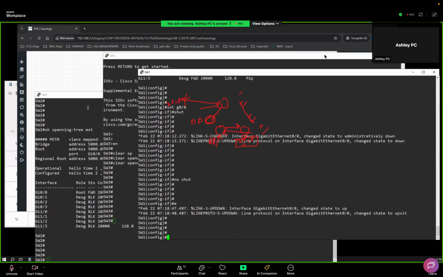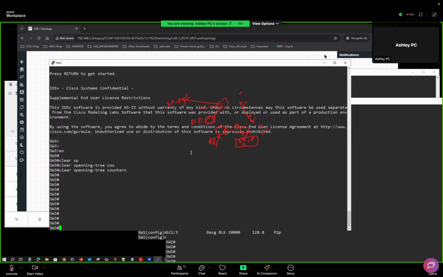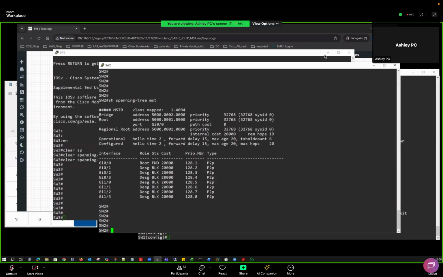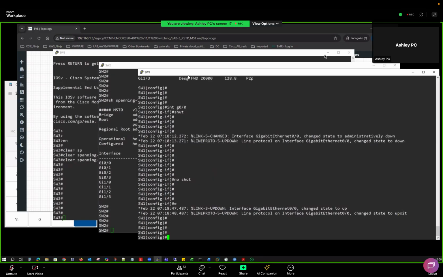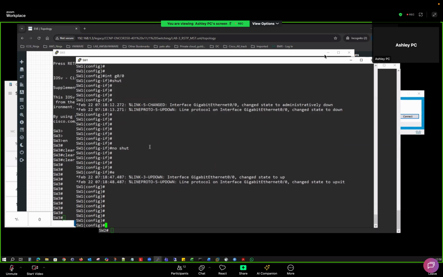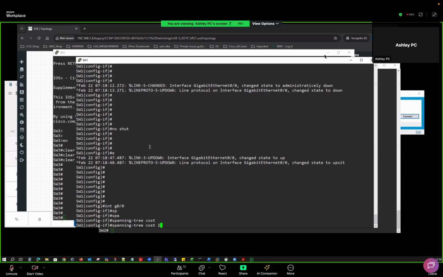What is the cost for that? Interface gig 0/0, spanning tree cost, we have 20,000.